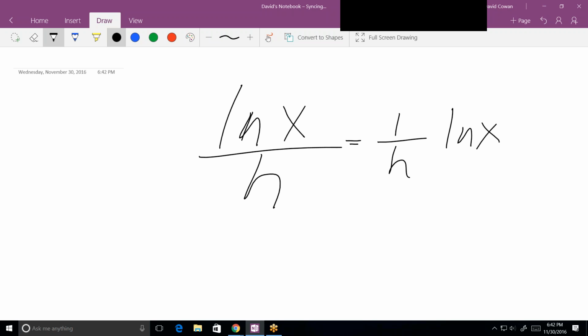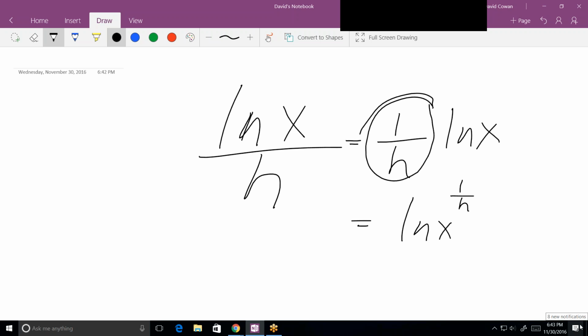Is that not the same thing? Right, yeah. Now I can take whatever the coefficient in front of that natural log is and make it an exponent. So that is natural log of x to the 1 over h exponent. So that was the tricky part of that last problem, was taking the h out of the denominator, turning it into a multiplier, and then turning that into the exponent.